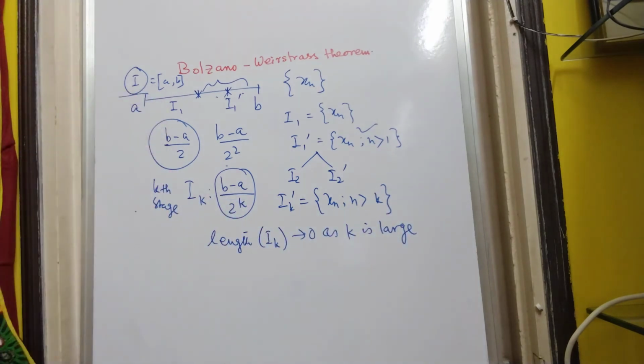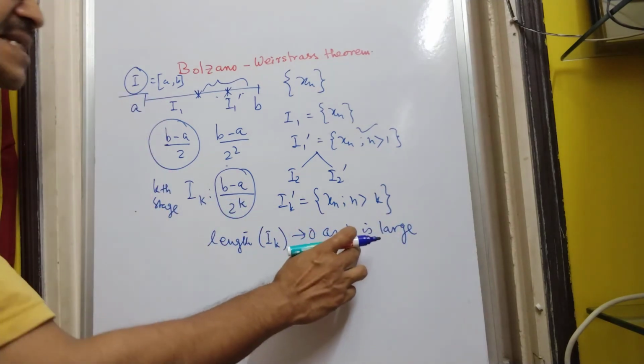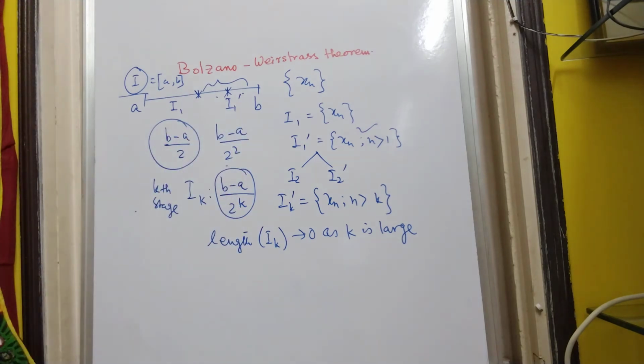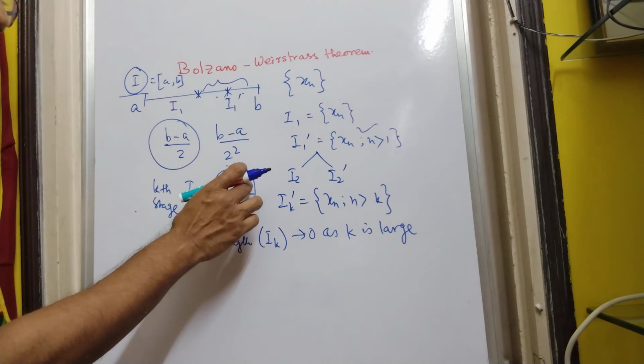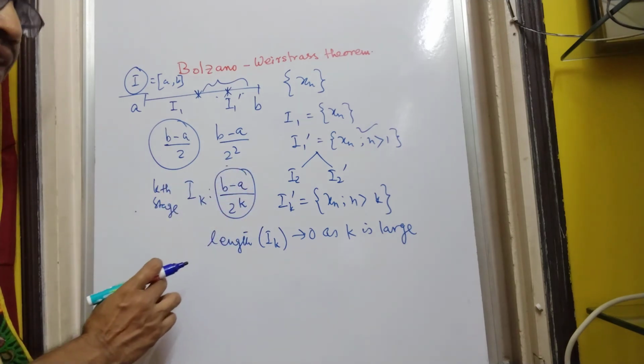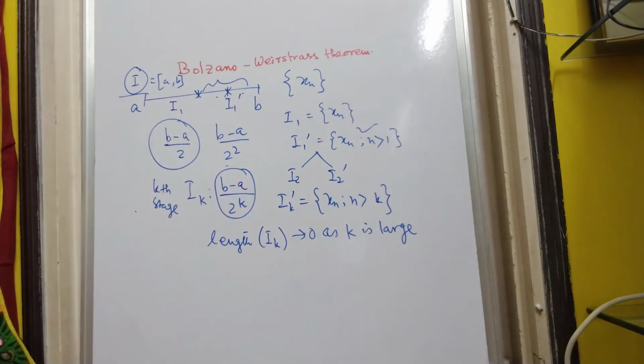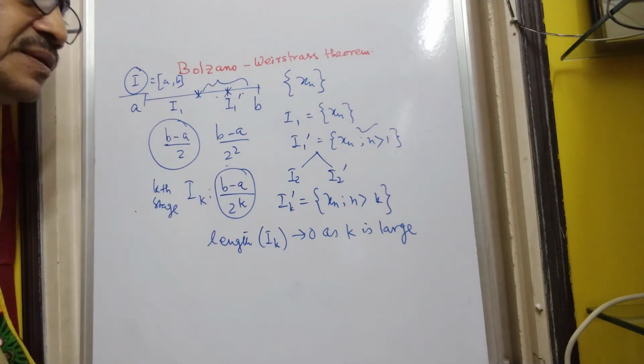Because it is 2 to the power k. So whenever k is 10, it is 2 to the power 10, which is a fairly large number, and b minus a is a length which is fixed.